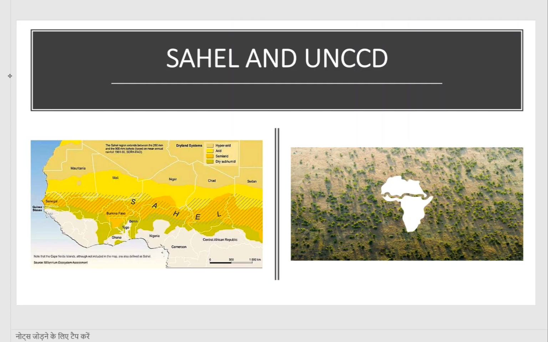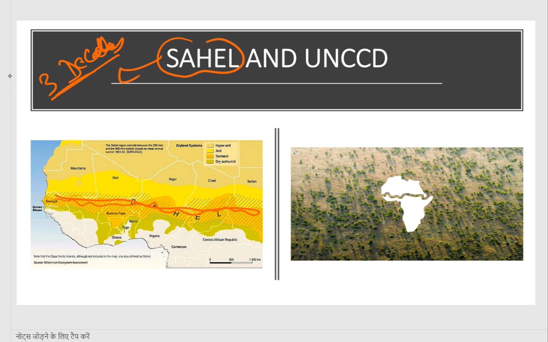And moving ahead to contemporary aspects of Africa today, there has been news about the Sahel region, which in the last 3 decades is facing increased desertification. As I told, the Sahel belt lies just south of the Sahara. As you can see, this belt passes through the countries of Senegal, Mauritania, Mali, Niger, also Nigeria, Cameroon and Chad.